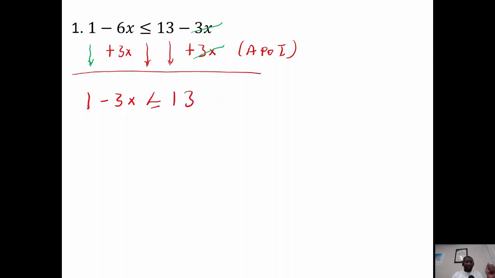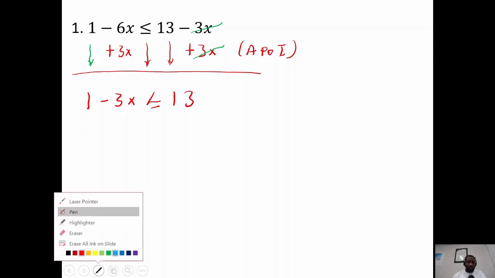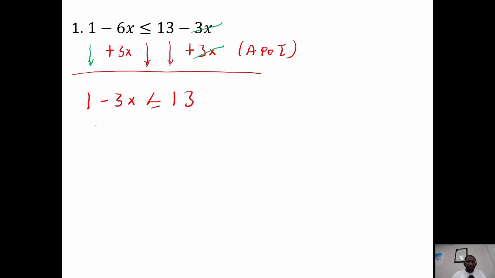Right, so I want to now get rid of the 1, right? If it's positive, you do the opposite. If it's negative, you do the opposite, right? So here, if I want to get rid of the 1, I just have to subtract 1 on both sides.